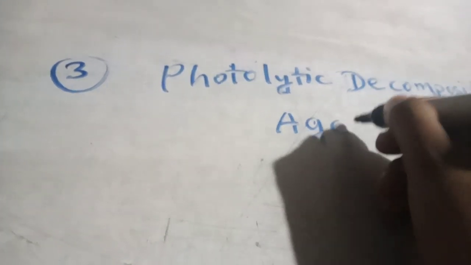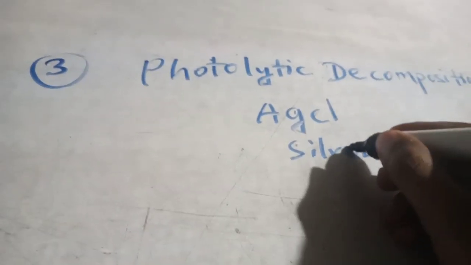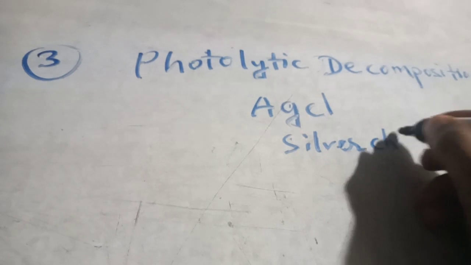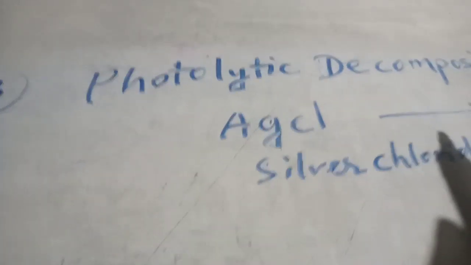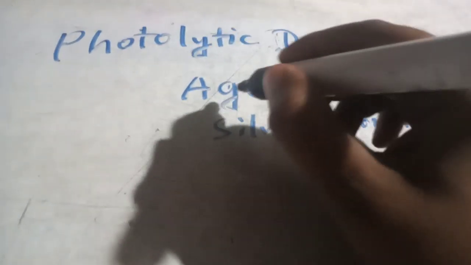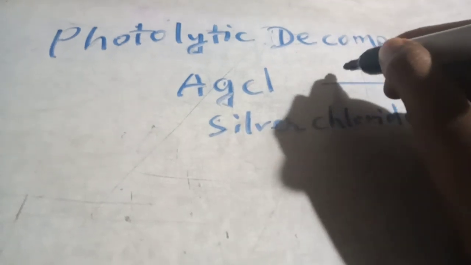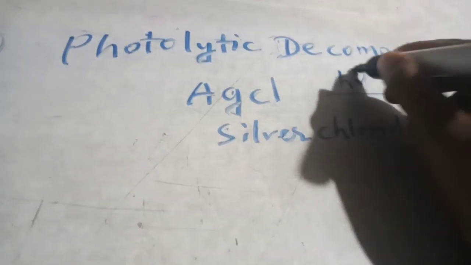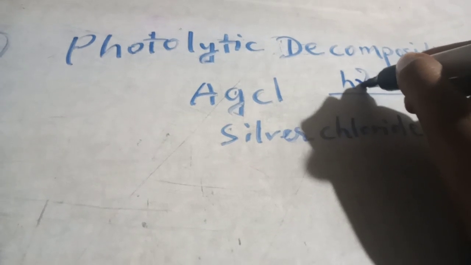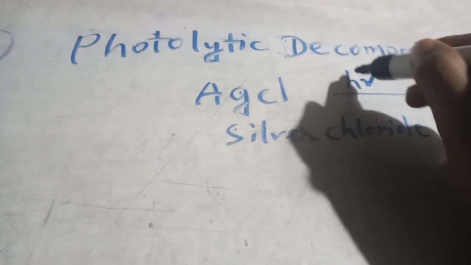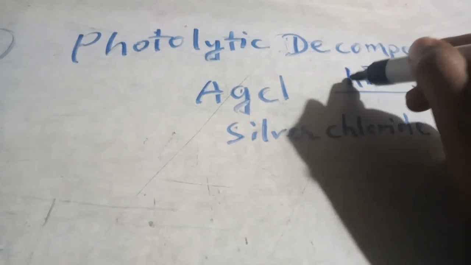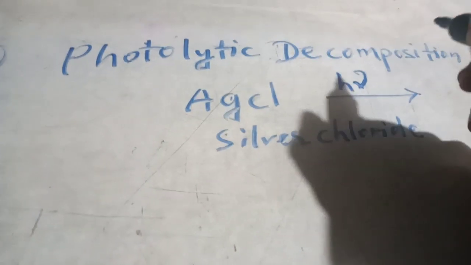Silver chloride, AgCl. When silver chloride is exposed to sunlight or Hν, here the nu is the frequency of the light particle and h is known as Planck's constant.